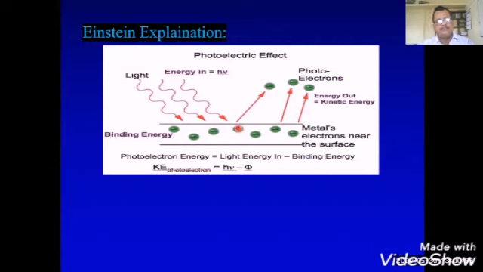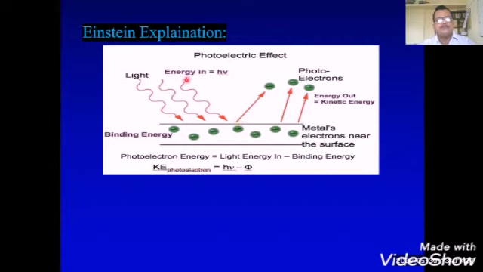Then what happens? Now the electron has got energy, and with this energy it will come to the surface of the metal. The amount of energy which is required to come to the surface of the metal is called the work function, and it is also called the binding energy. So work function, or binding energy, is the minimum energy which is required by the electron to come to the metal surface.